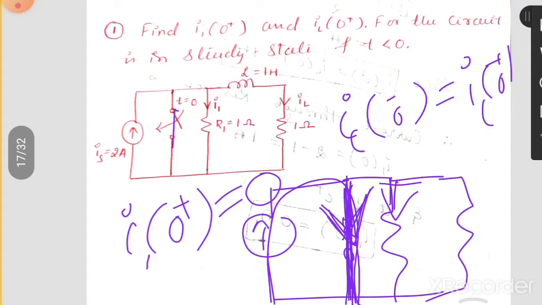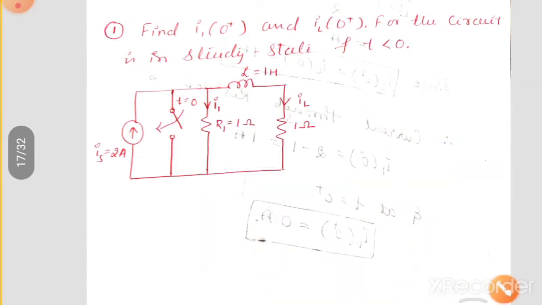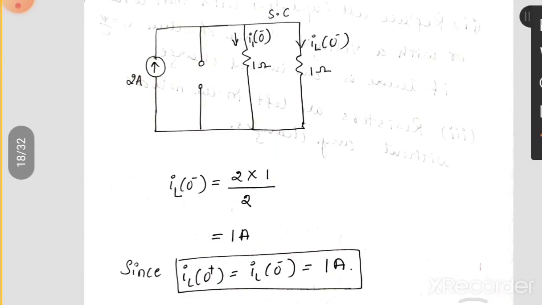Short circuit voltage is how much? 0 volt. So these two are in parallel, and voltage across this is also 0. Whatever current will be equal to V by R. So V is 0, 0 divided by 1, which will be 0.